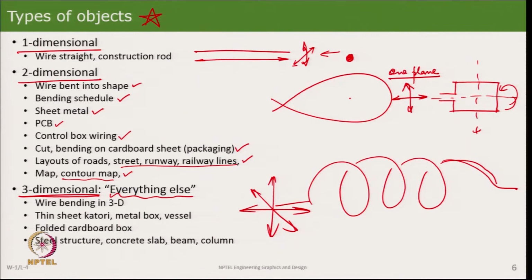I can just say that this is a wire of this diameter, and I do not even need to tell what the other two dimensions are. I say it is a straight length of so many millimeters of a wire whose diameter is say 2 millimeters. That completely specifies this particular object. You need not even make a drawing. But these we have to.